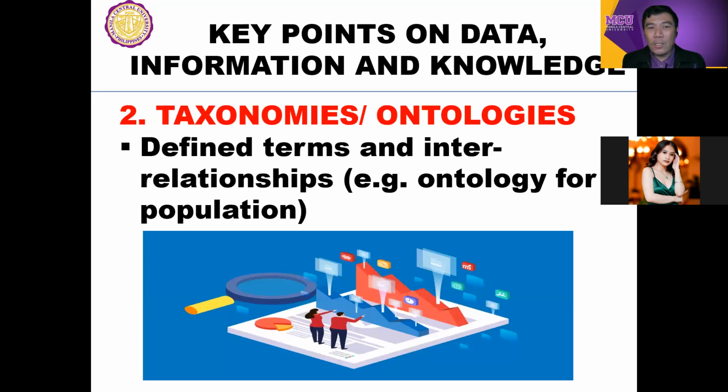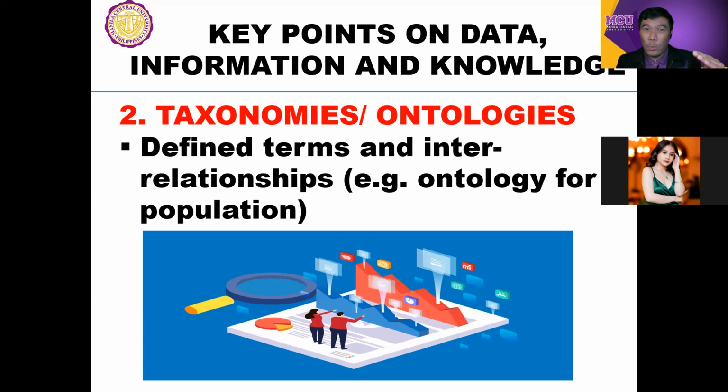Now, when it comes to taxonomies naman, define terms and interrelationships. Just like for example, sa clustering of diseases. Sa taxonomies, it will give us a definitive relationship when it comes to, for example, respiratory diseases. Respiratory diseases ang dami. Sa taxonomy of respiratory diseases, we have pediatric and adult.